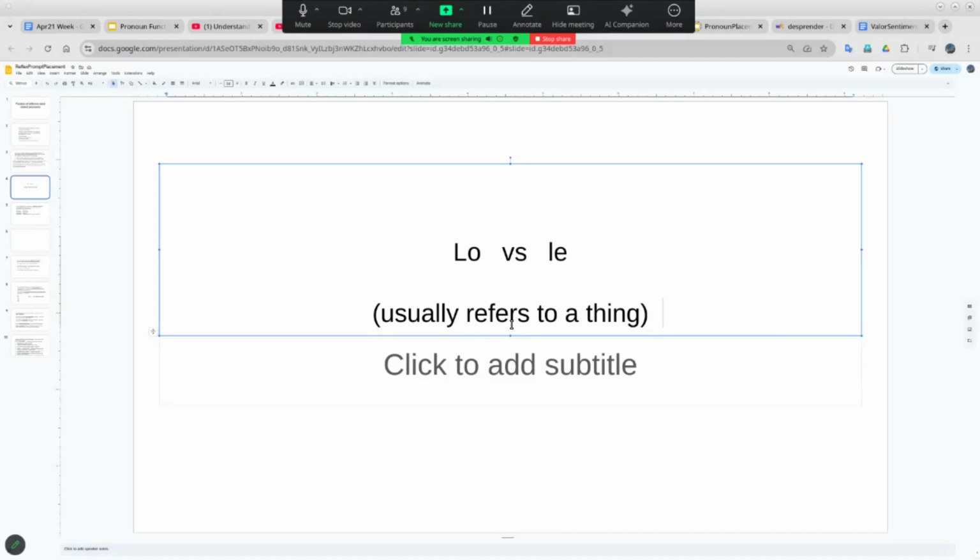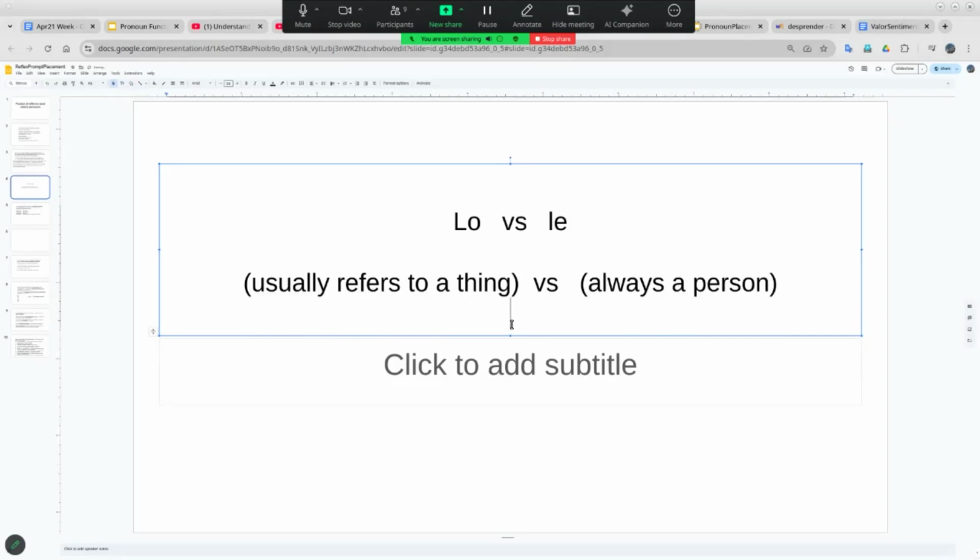But lo, in most cases, and I think there's a video I'm going to refer you to, they talk about it's like 90% of the time, but it really isn't that high. But let's say 75% of the time, it's going to refer to a thing. Versus le is going to refer to always a person. So the down and dirty, quick explanation is that in most situations, lo is going to generally refer to a thing, an object, or something abstract.